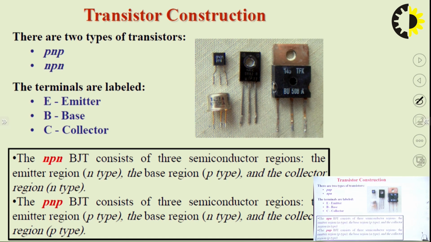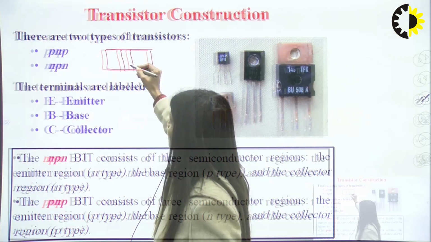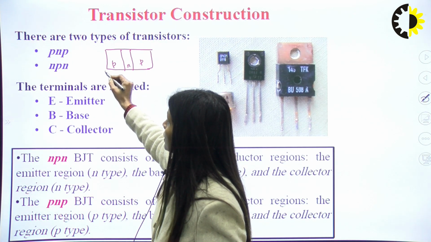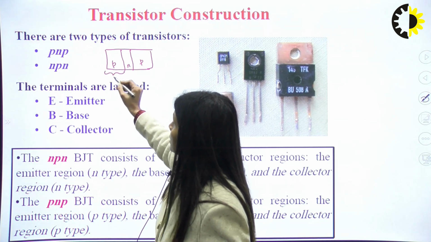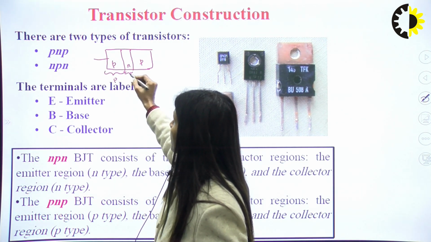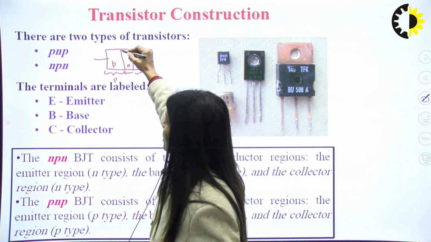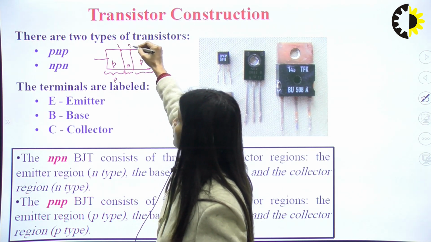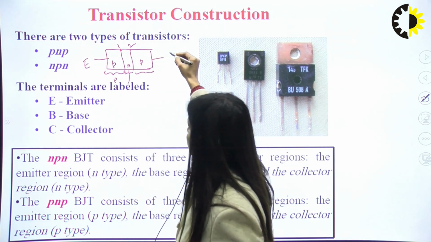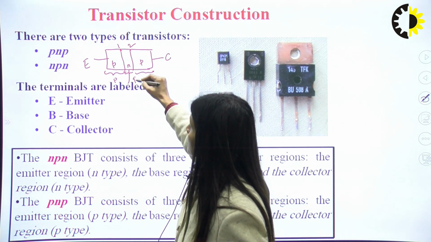So here the PNP transistor, how to make it: this is P, N and P. Here one thing we can notice, this particular terminal is P type, this is N type, and this is again P type. So we have two junctions, first junction here and second junction in this. This is the emitter terminal and this is the collector terminal, and this will be the base terminal.